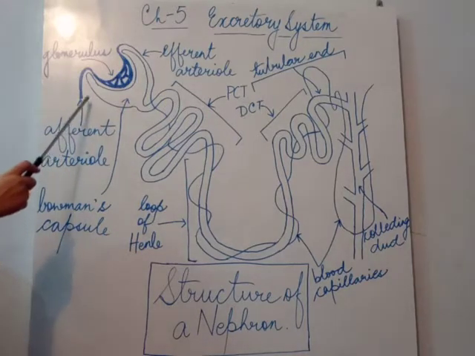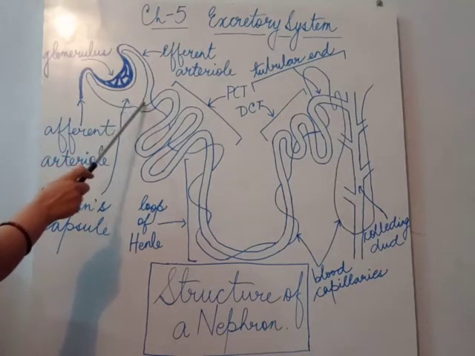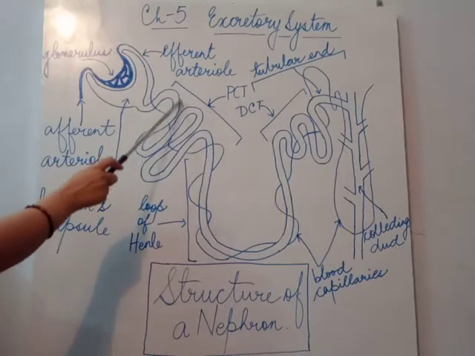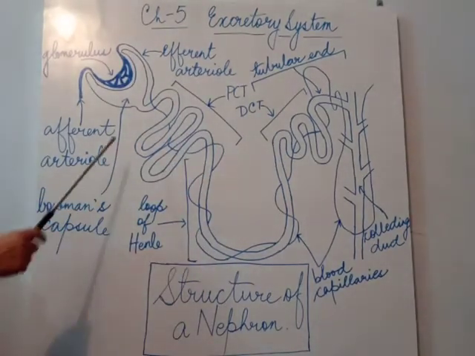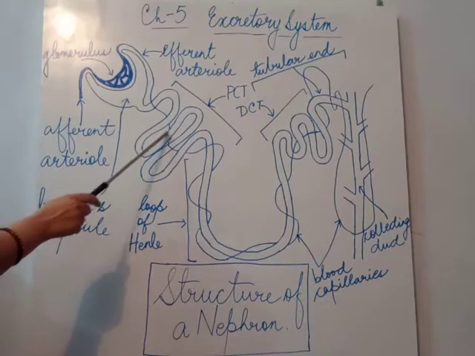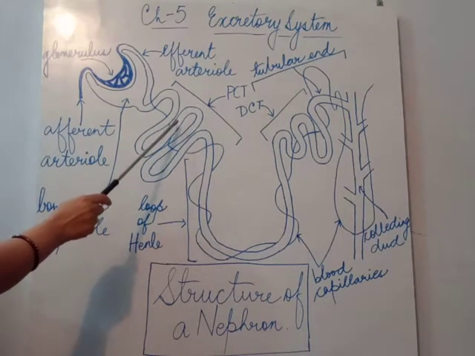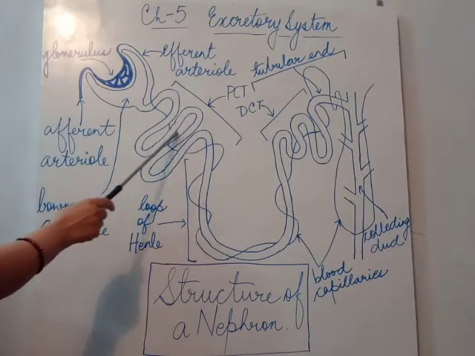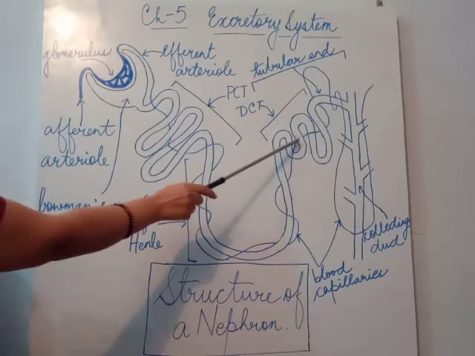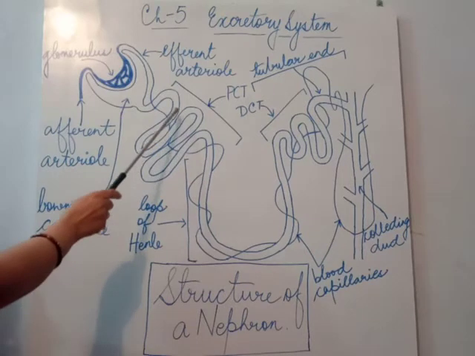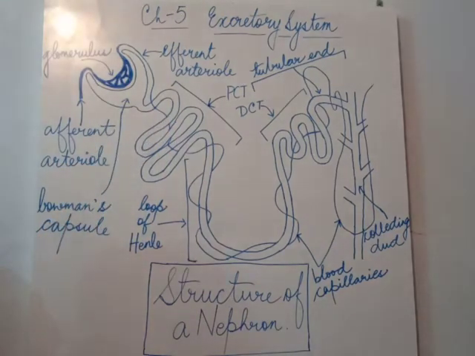Now, after Bowman's capsule, you can see PCT and DCT. What is the full form of PCT? It is called proximal convoluted tubule, and this is called distal convoluted tubule. What is the meaning of proximal?